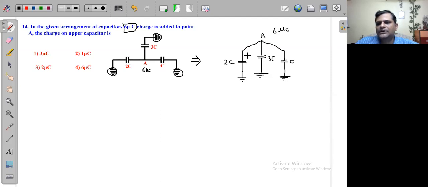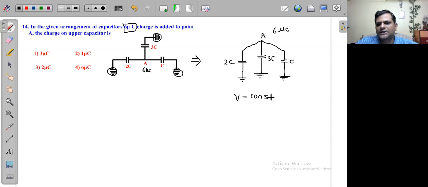But अब देखो यहाँ पे एक समझना है हमको कि इस पॉइंट A का जो भी पोटेंशियल होगा और इस अर्थ का जो भी पोटेंशियल है, that is the potential difference between those 2 points is going to be the same. That means we can just consider that all these 3 capacitors are going to be there in parallel, right? And in parallel combination V is going to be constant.